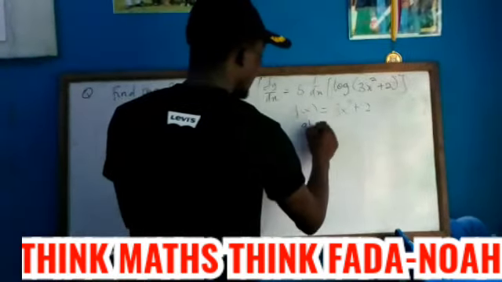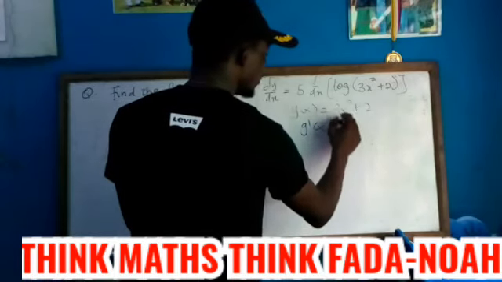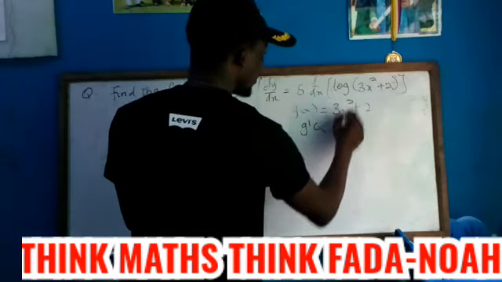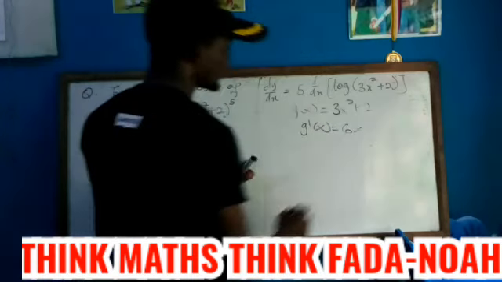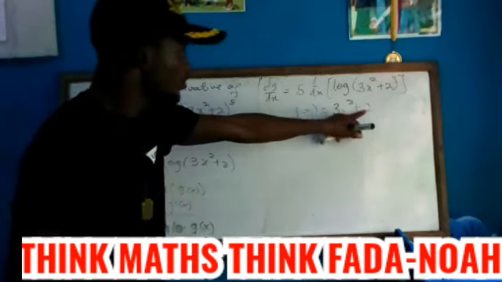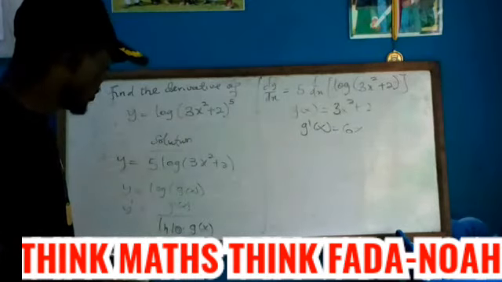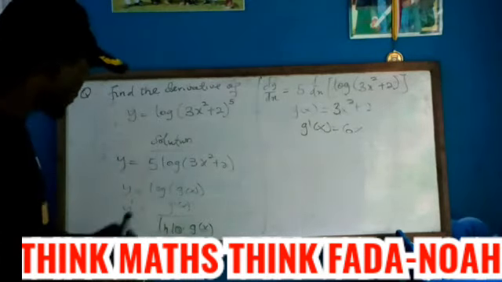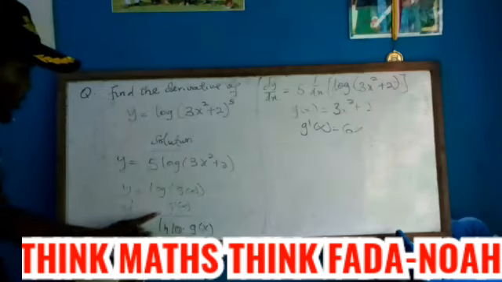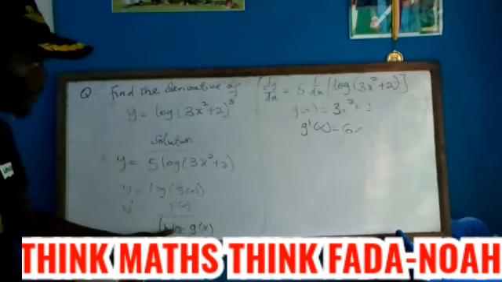So our g prime of x is equal to 6x. The derivative of the 2 will give you 0. So our g prime of x is equal to 6x. So you have to come back to the rule. You have to substitute for these things over here.